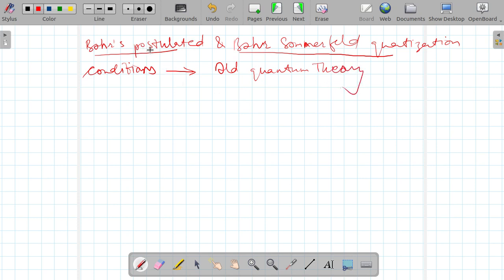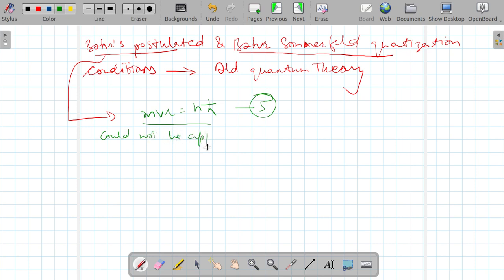Basically, Bohr's postulate is a special case of Bohr-Sommerfeld quantization. What is Bohr's postulate? It is that mvr is equal to nħ. This is Bohr's quantization condition for the angular momentum. But this could not be applied for complicated cases.